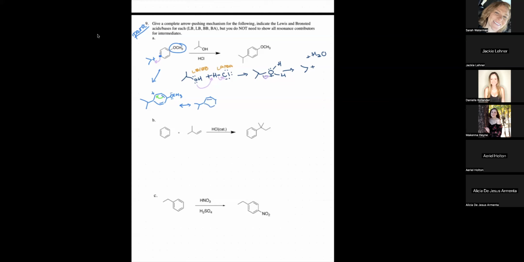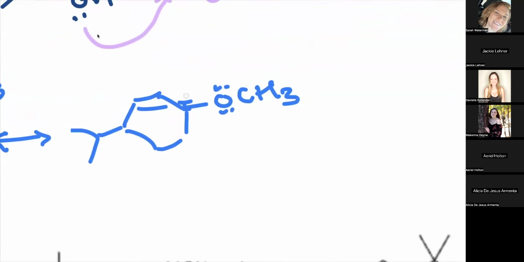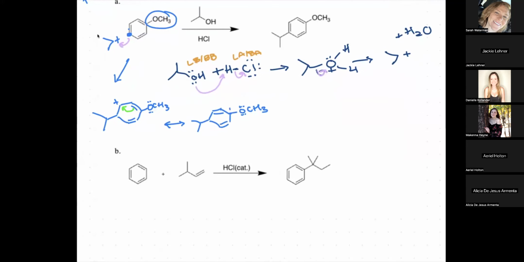And then this is here, then this is here. This is supposed to be a plus. There. This here, plus. And then what color did I use? Green.